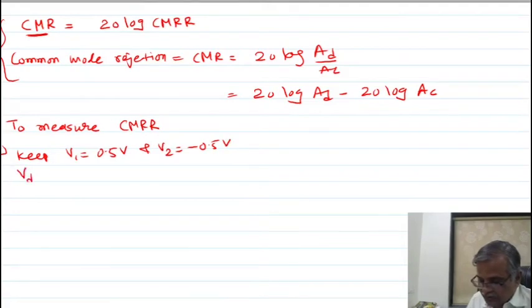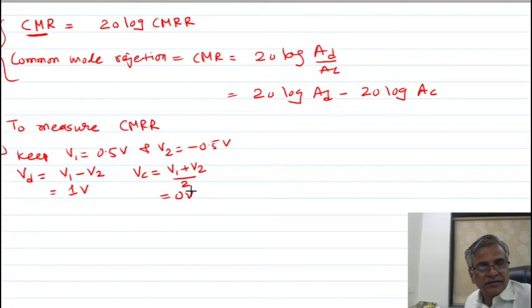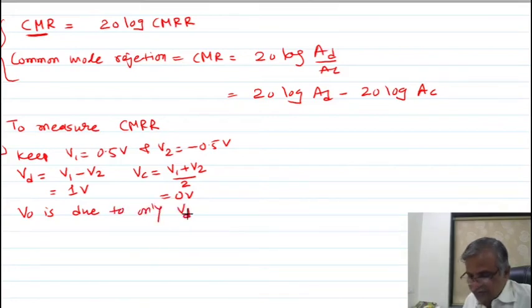So your differential voltage V1 minus V2 is 1 volt, and your common mode voltage, V1 plus V2 by 2, is 0 volt. It means the output is due to only Vd.